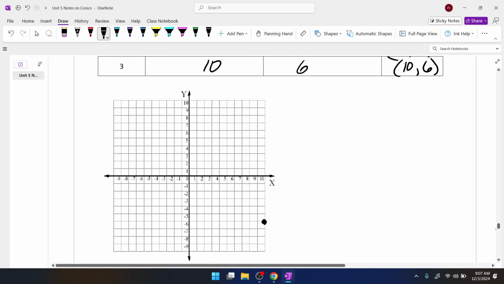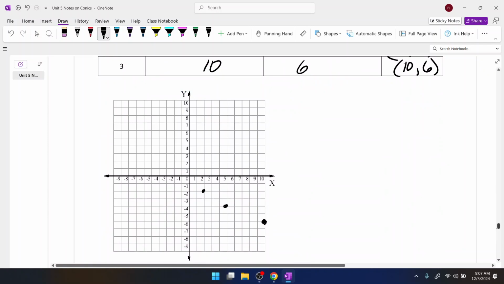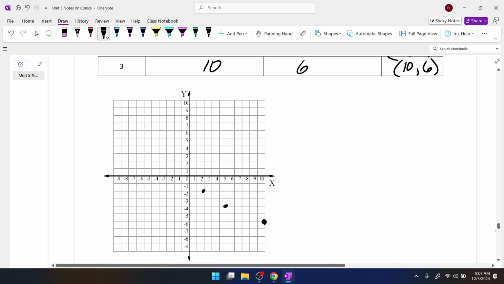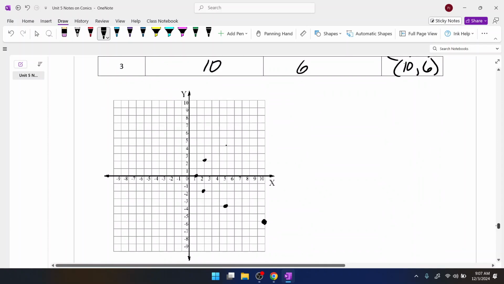Then you have 5, negative 4; 2, negative 2; 1, 0; 2, 2; 5, 4; and then 10, 6. So basically it starts here, and it's going to go in this direction.